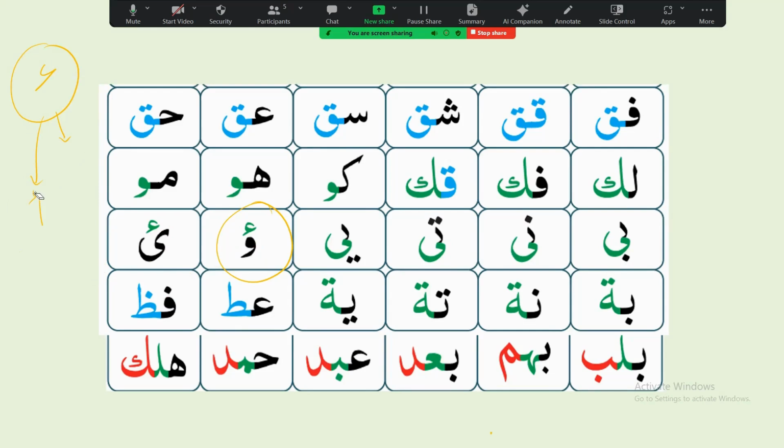When Hamza comes on any letter, for example on Alif, or on the Ya alphabet, or on the Waw alphabet, that is actually Hamza and not the other way around. These are not the Waw, Ya, or Alif alphabet, but because Hamza is on top of them, Hamza overpowers any letter on which it is, okay.